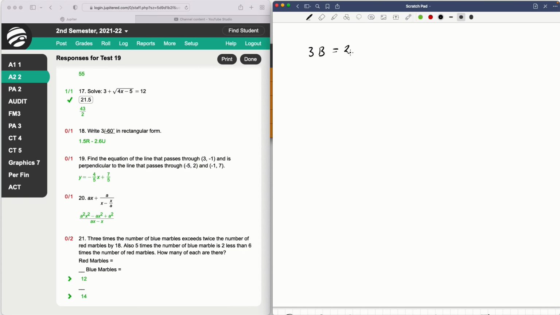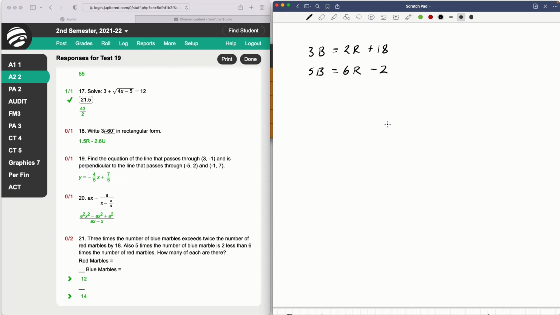Also, 5 times the number of blue marbles is 2 less than 6 times the number of red marbles. How many of each are there? Looks to me like an elimination problem.